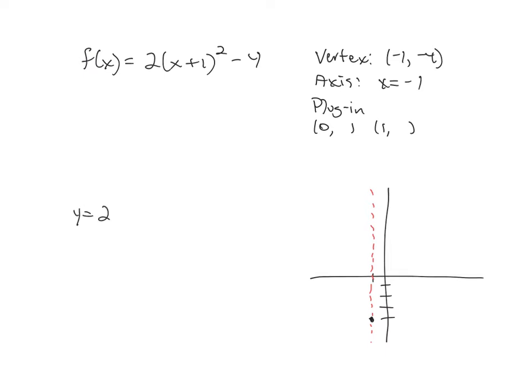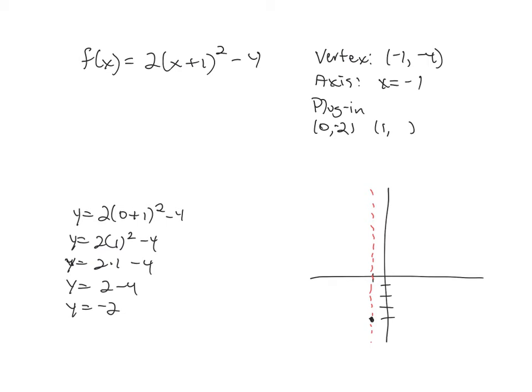And so I always change it to y because I'm looking for the y part of a coordinate. So if I plug in 0, 0 plus 1 is 1. 1 squared is 1. 2 times 1 is 2. 2 minus 4 is -2.